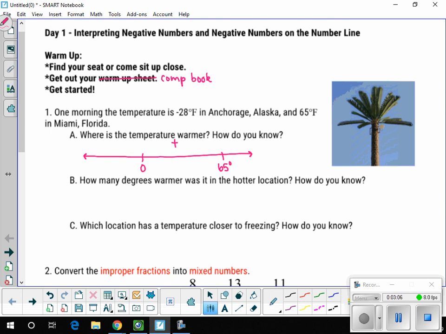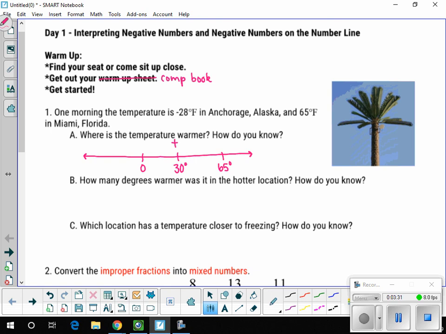Now I'm also going to try and to make this proportional, which means if this is the distance for 65, okay, -28 is close to 30, which is close to half of this amount, okay? So if I think about it, 30 degrees would probably be right about here.